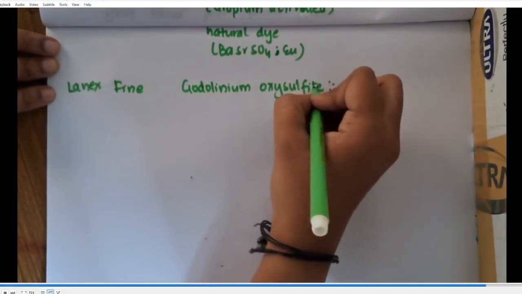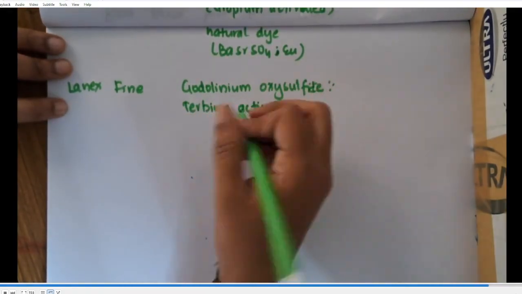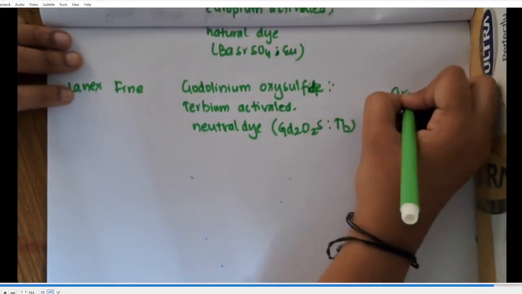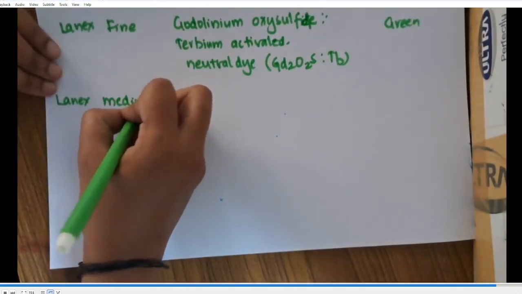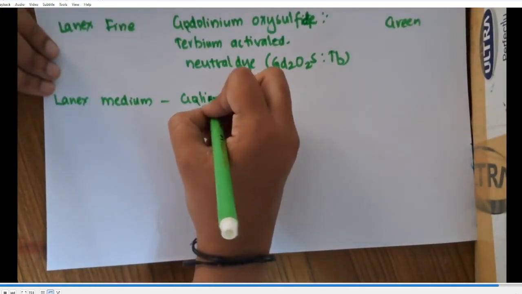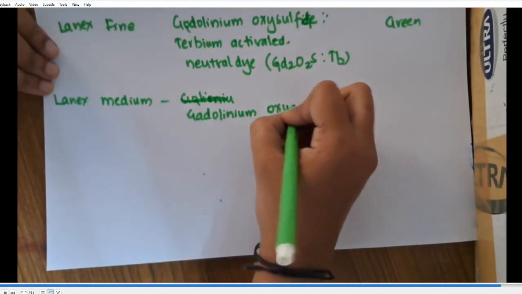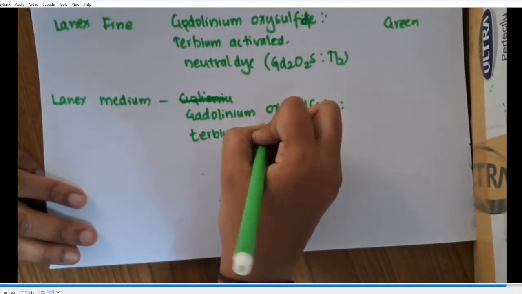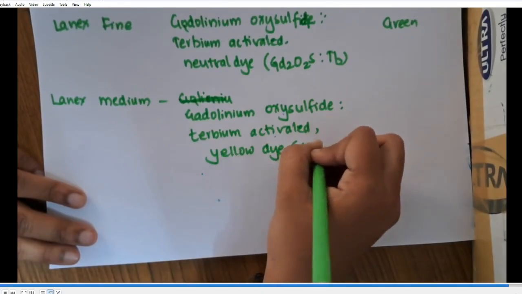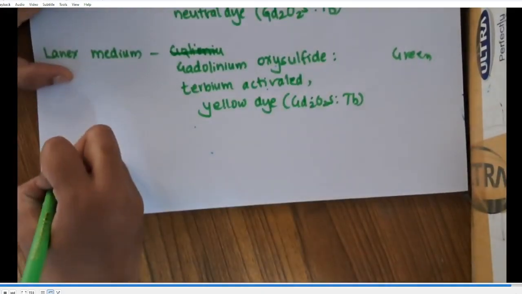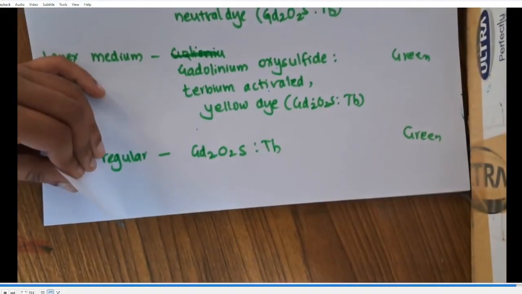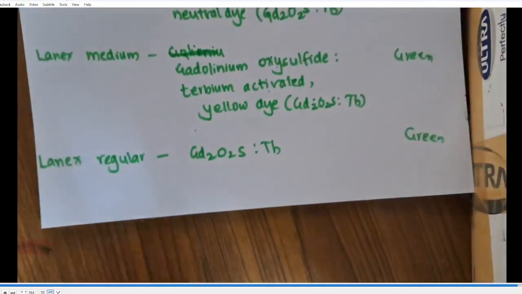Then Lanex Fine contains gadolinium oxysulfide, terbium activated, with a neutral dye, and this emits green color. Whereas Lanex Medium contains gadolinium oxysulfide, the same terbium activated, but with a yellow dye, and this also emits the green spectrum. Whereas Lanex Regular is gadolinium oxysulfide, terbium activated, which also produces green light.